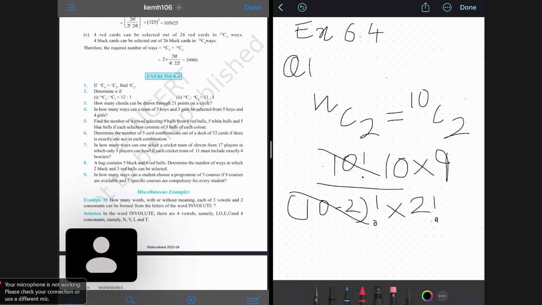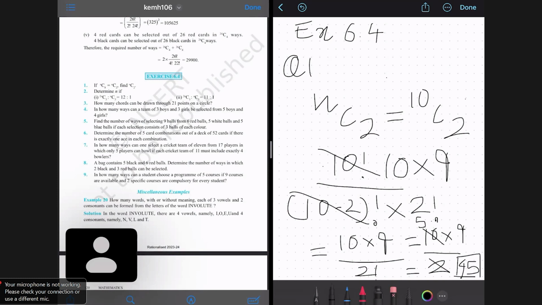After doing that, what we are left with is 10 into 9 divided by 2 factorial, which is nothing but 2 itself. So 10 into 9 upon 2, cancel out 2 here, and the final value that you are left with is 45. Correct. And that is the answer of our question.